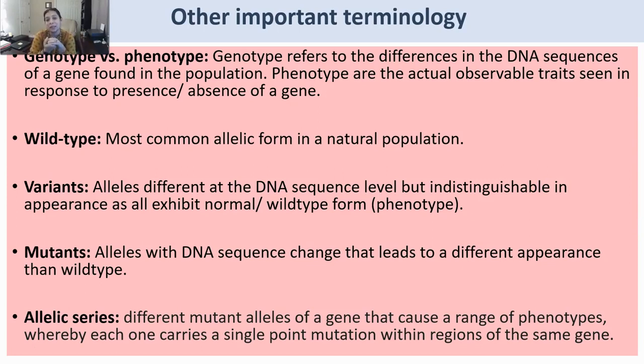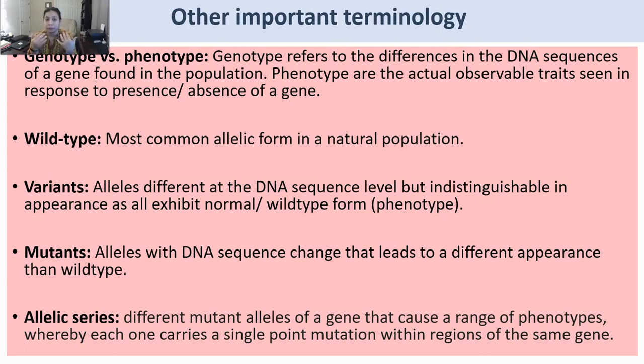However, they're indistinguishable in appearance at the end of the day, and they all exhibit the same normal or wild type form of the phenotype, and that's why they would be indistinguishable from those wild type individuals. So all those slightly different DNA sequences, those alleles, are different at the genotypic level, but yet they're still giving you that wild type form at the end of the day.